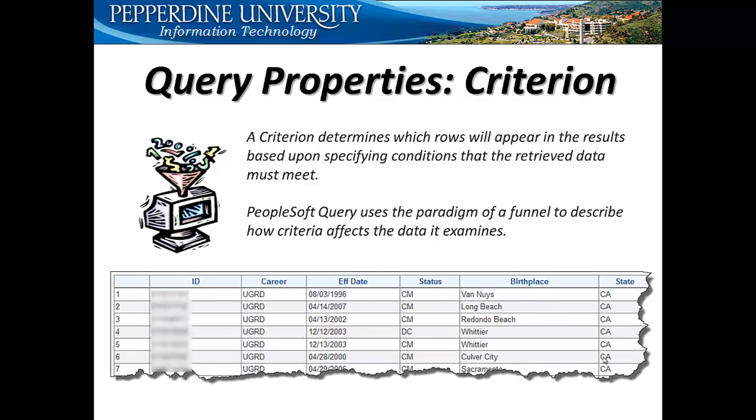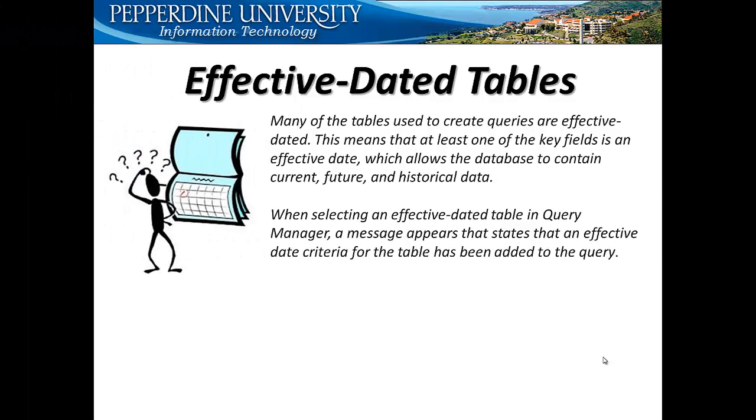So let's talk about effective dated tables. Many of the tables used to create queries are effective dated. This means that at least one of the key fields is an effective date, which allows the database to contain current, future, and historical data.